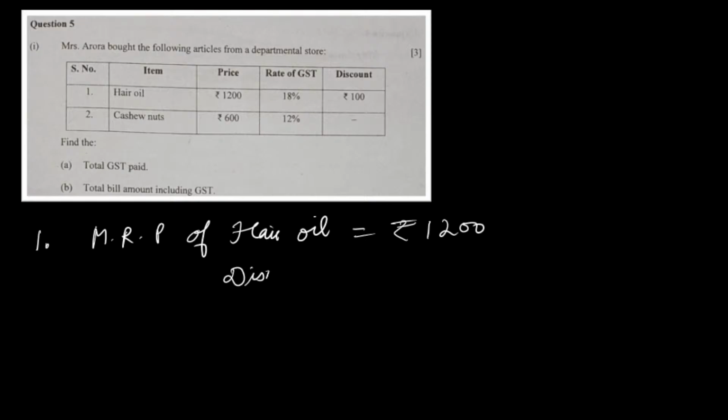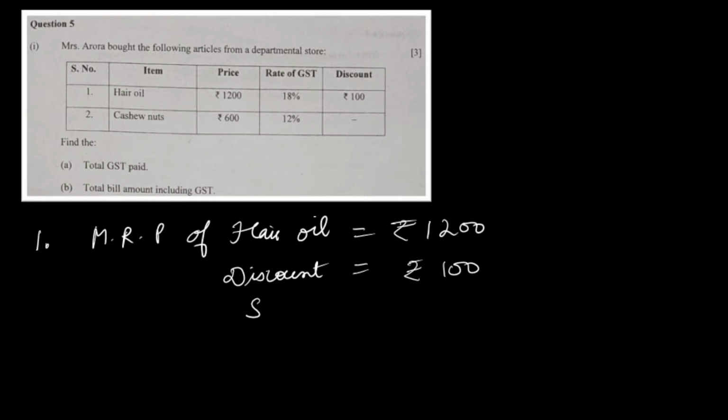Price means MRP here. So the MRP of hair oil is given to us as 1,200. Here discount is also given. How much discount do we have here? Discount is equal to 100.